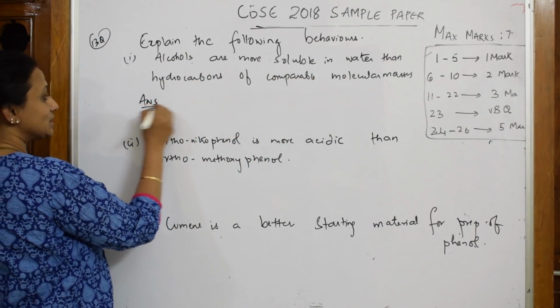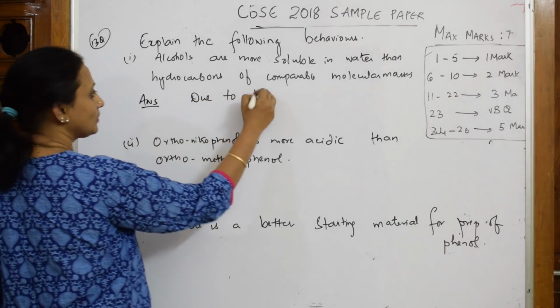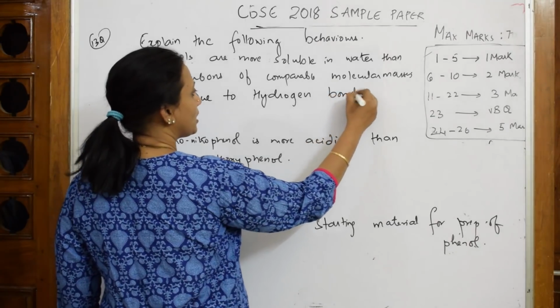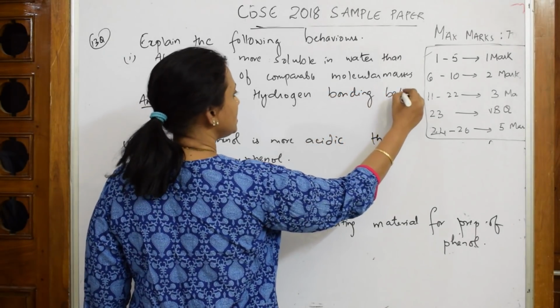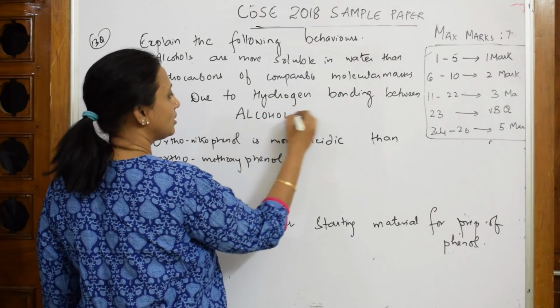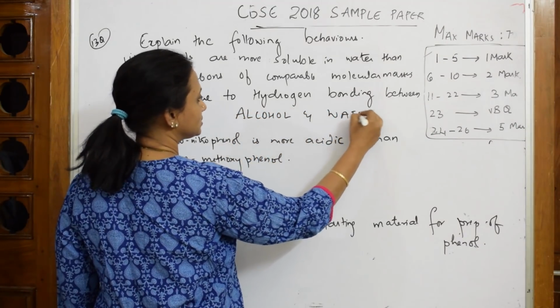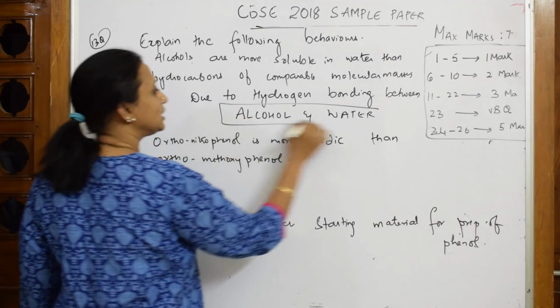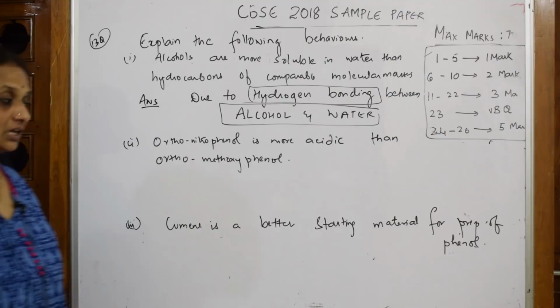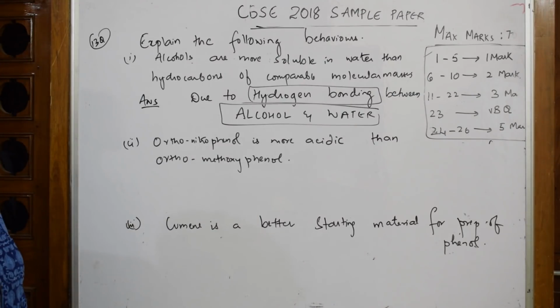So the answer you will write is: due to hydrogen bonding between alcohol and water. This is the concept, and it is important to keep. Because of the hydrogen bonding, they are soluble in water. Done.